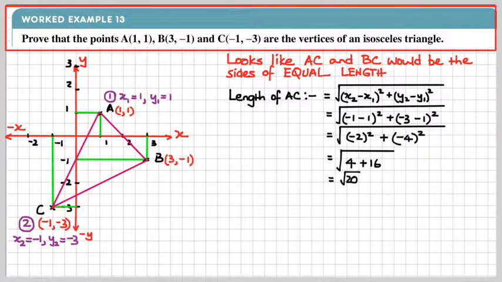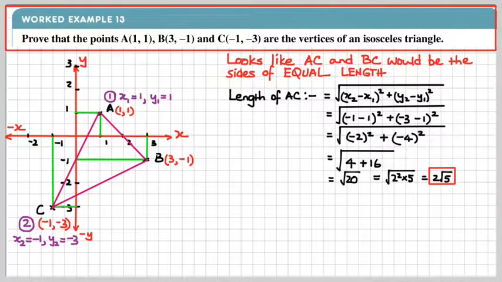Now, if you do some surd fiddling, you'll realise that 20 is 2 squared times 5, which means that the 2 has a ticket out of jail, so it can come out of the root as just a 2, leaving poor old 5 in there with no hope of getting out until another 5 comes and rescues him sometime in the mathematical future. We're just having a bit of a joke with that. But that's basically the length between A and C.